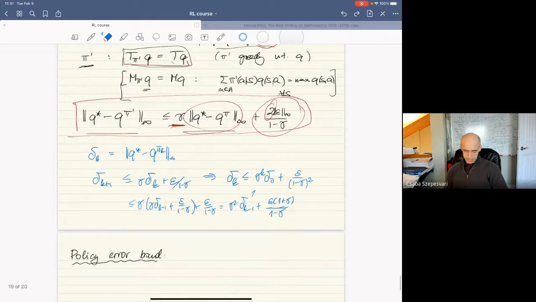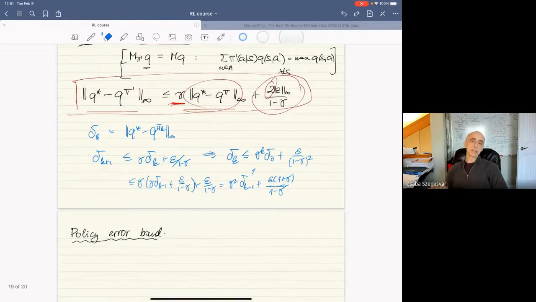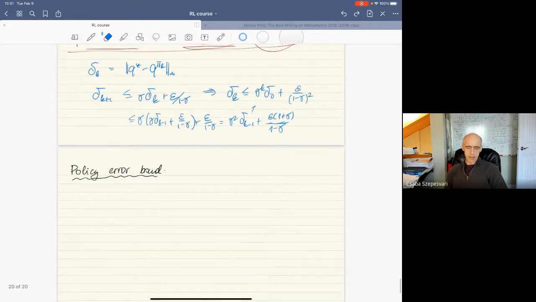And what remains to be seen is that, okay, if you have a not exact optimal action value function, but an action value function that is close to the optimal action value function, and you greedify with respect to that, what can you expect? And we have already seen this and then used it, and it appears in the homeworks, right? So these policy error bounds.